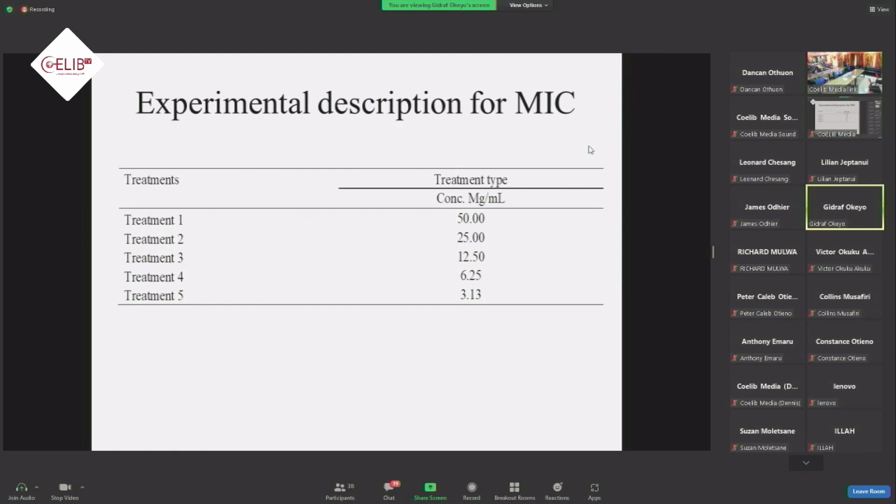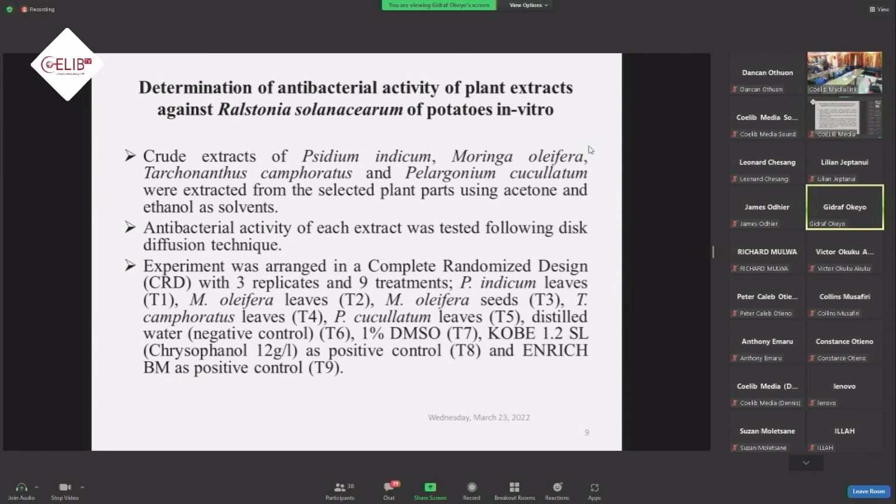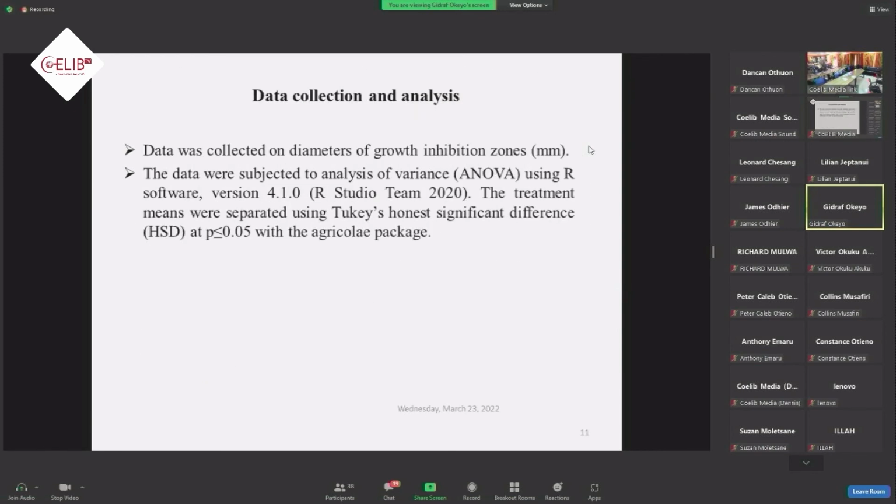That is, if we diluted further, at what point was the efficacy level of the most effective plant extract reducing? We collected data on growth inhibition zones, and the data was subjected to analysis of variance using R version 4.10, and the means were separated using Tukey's HSD at the 0.05 level.